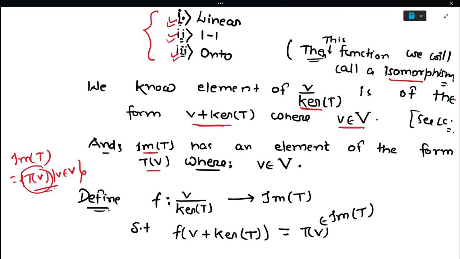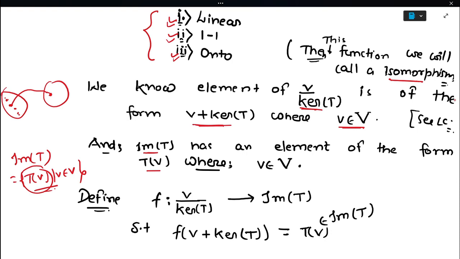Now the question is how we define a function from one set to another set. We take an element from the domain set and find its image in the codomain set, and every element has an image.